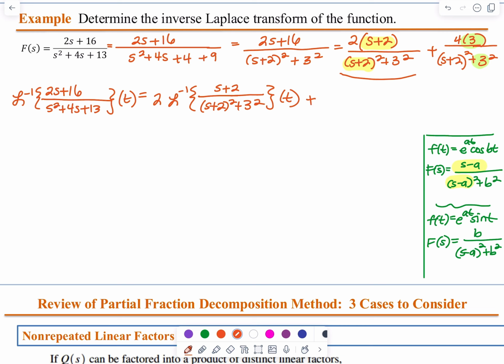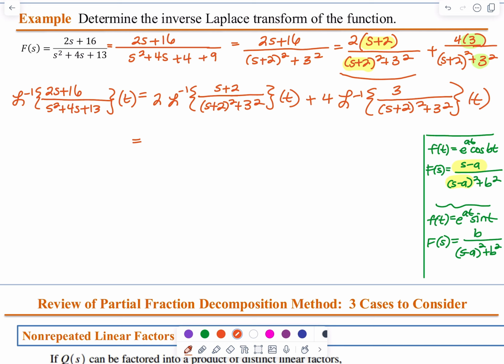Plus, now let's go ahead and factor that 4 out, or use our linearity principle, multiplied by the inverse transform. And here we just have our 3 now in the numerator, and we have s plus 2 squared plus 3 squared of t, and we are already set up with our form.